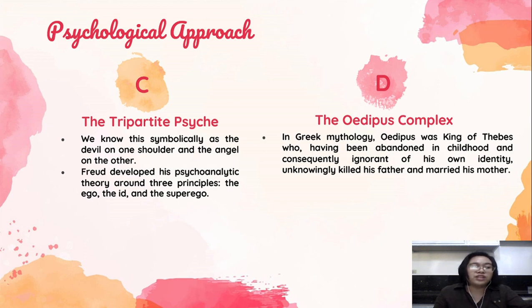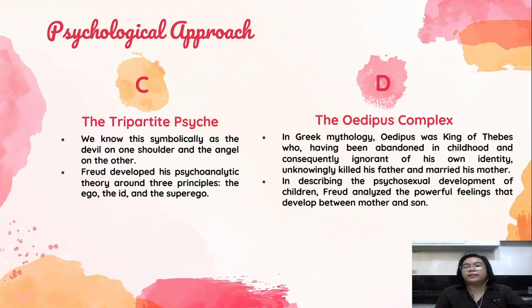So Freud's theory became controversial because of his many ideas about the human psyche, about the unconscious and the Oedipus complex. He became controversial, but then it provides the general foundation for psychoanalytic criticism.